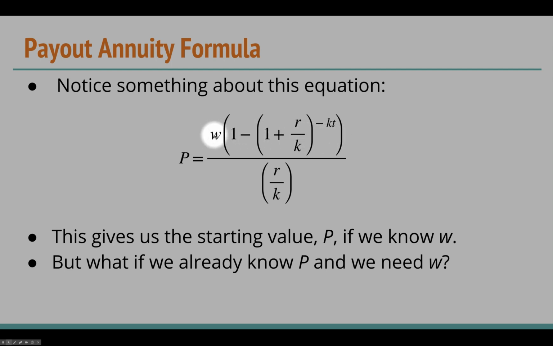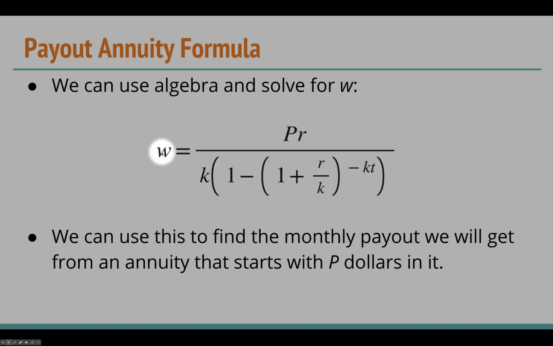Now, I'm not going to focus on the algebra there. I'm just going to go ahead and move to the new rearranged formula, and it looks like this. It says W is equal to all of this.